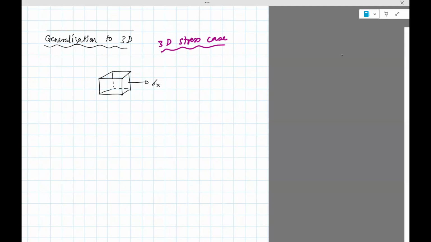So sigma x, this being x, this being y, and the z comes out. Sigma y, and the last one, sigma z.